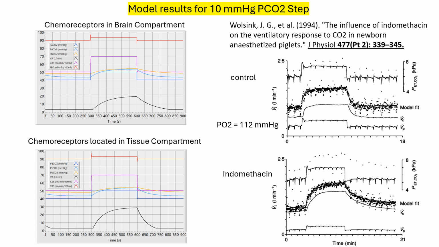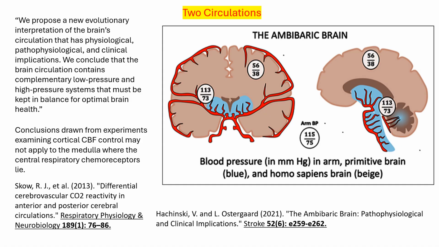How is blood flow in the region of the central chemoreceptors controlled? There is some anatomical evidence relevant to the question. As shown here, Hachinsky and Ostergaard proposed that the cerebral circulation should be considered as two different systems.